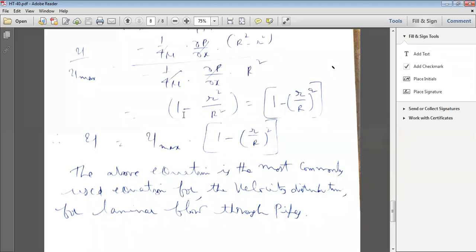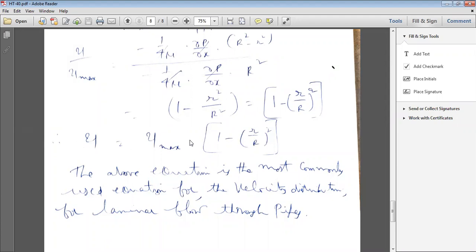If we simplify, u by u max is equal to 1 minus small r square by capital R square, that is equal to 1 minus small r by capital R, whole square. And if you write the equation from this, u is equal to u max into 1 minus small r by capital R, whole square.